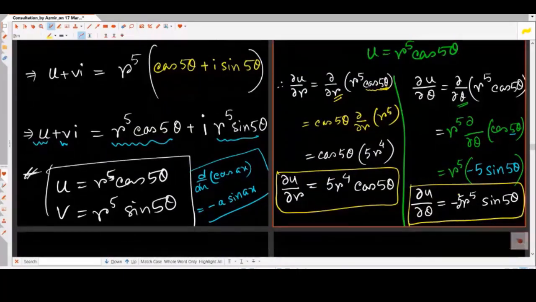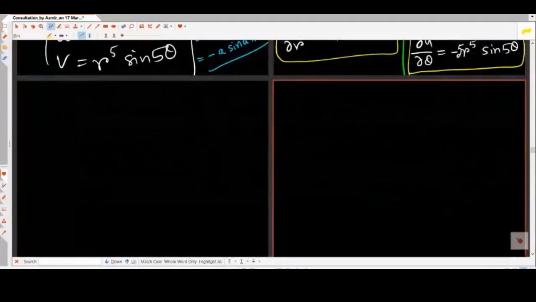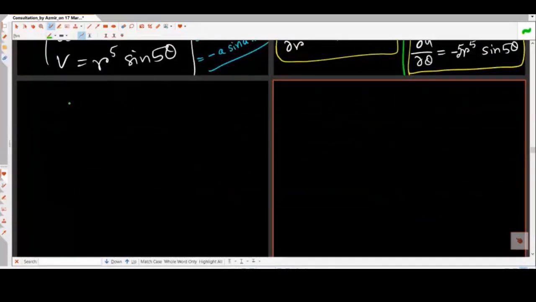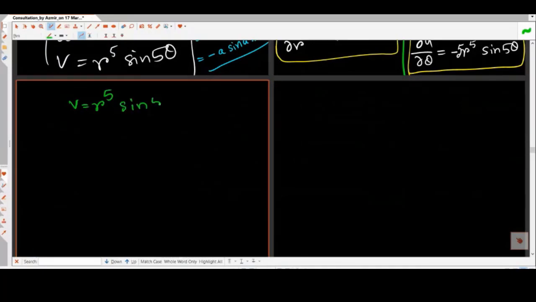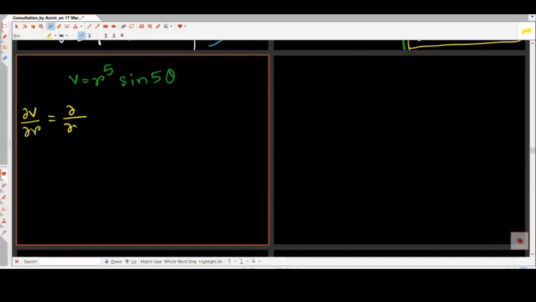Now similarly we have to find dv dr and dv d theta. Here is v, which is equal to r to the 5 sine 5 theta. Let's first find dv dr. So d dr of v, that is r to the 5 sine 5 theta.